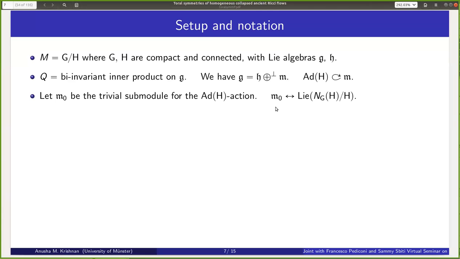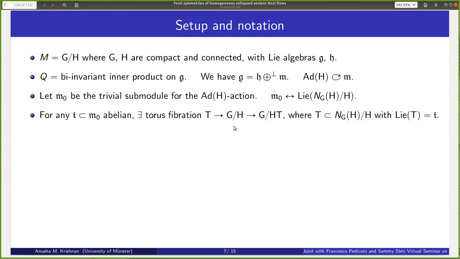And it's a fact that the trivial module M naught is identified with the Lie algebra of the group, the normalizer of H mod H. Further, whenever you have an abelian subalgebra little t inside M naught, inside the trivial module, there's a corresponding torus fibration, like so, where the torus T is the connected Lie subgroup of normalizer H mod H which has Lie algebra little t.